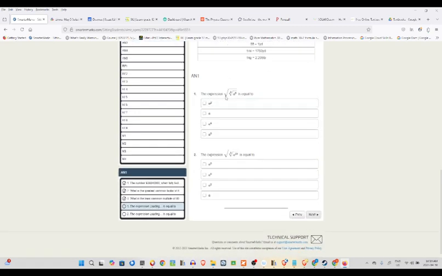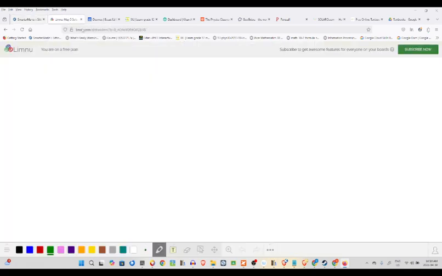Now here, the expression, the square root of the cube root of a to the 6 is equal to. Now for here, I'm going to go to the whiteboard. This is actually easiest if we replace our radicals with fractional exponents.